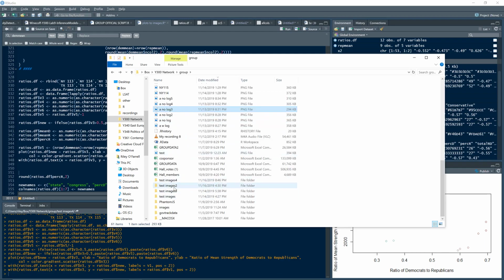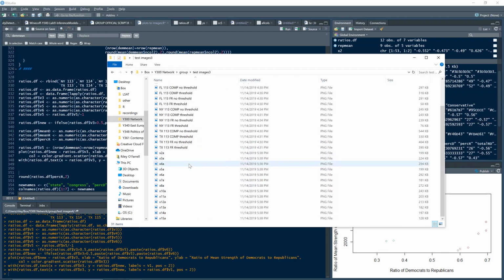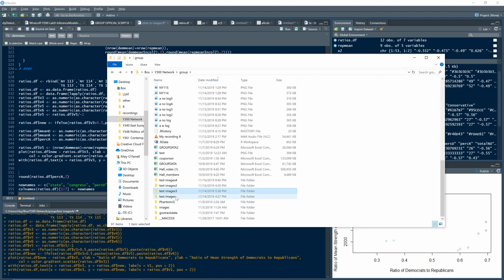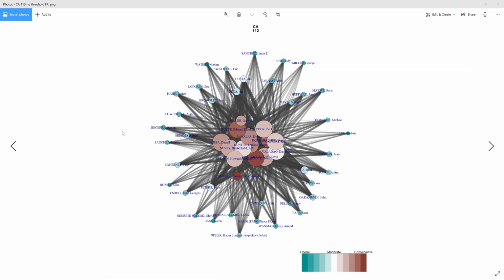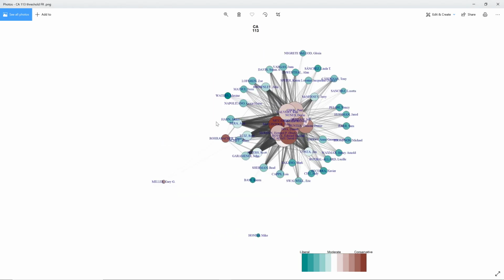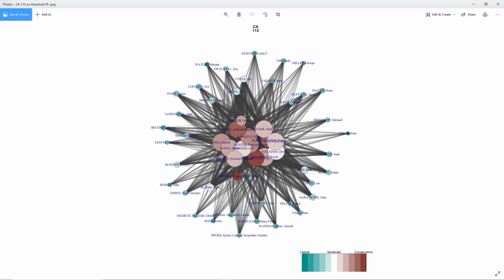If you also want to look at this in test images, there's a bunch of folders I have. If we look at test images 2, I have pretty much the same data, but the way you can read these is: it has the state, the Congress, no threshold versus threshold. So no threshold shows all of the observations, and with the threshold I get rid of observations below the 25th percentile, just to get rid of all of these connections.